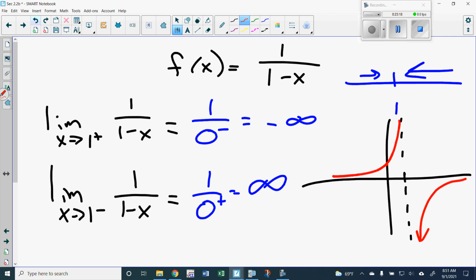There's my y-intercept. So I now know which way it's going. Does that make sense? That's what I was talking about. From the left, it's positive. Correct. Because when we come from the left, we're putting numbers in less than 1. And because it's 1 minus x, numbers less than 1, this is a positive. So this also goes back to your question. It's not always just plus plus. It kind of depends what the function is. Okay.